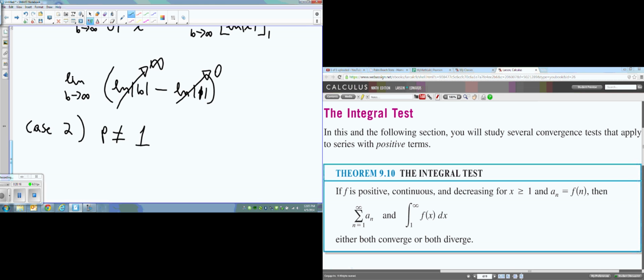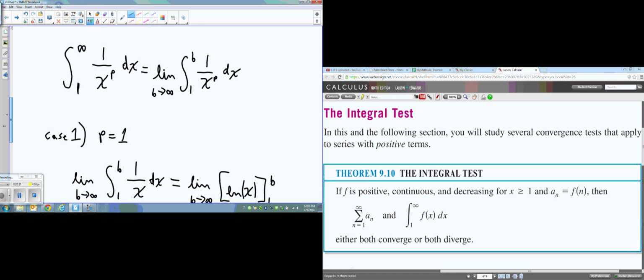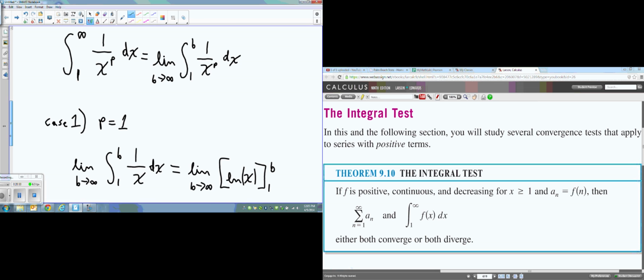Now if p does not equal 1, then when you do the integral of 1 over x to the p, you're not going to get the natural log. You're actually going to be able to use the power rule. So let's look at that.